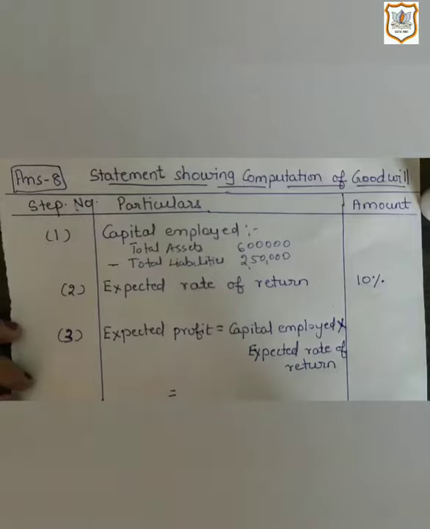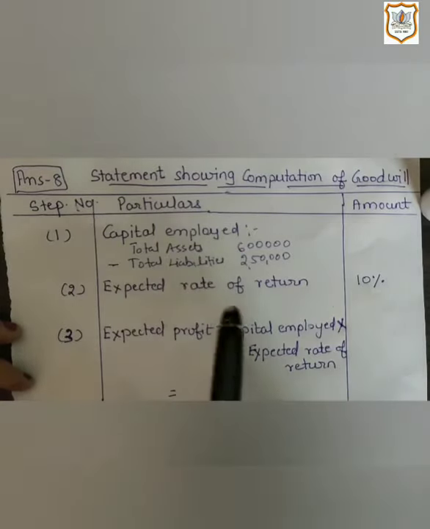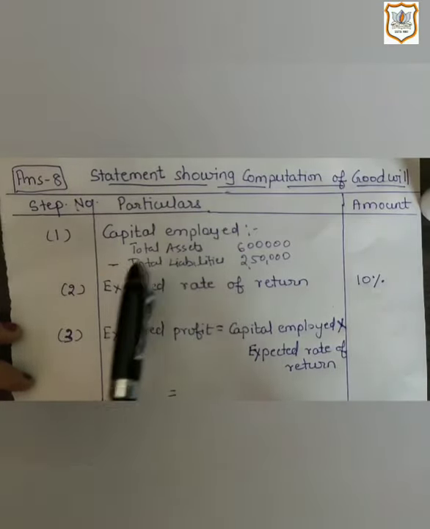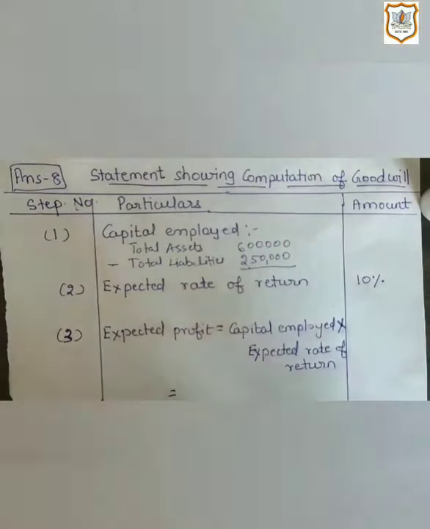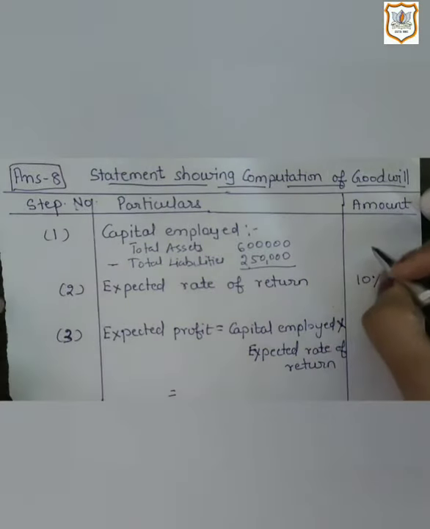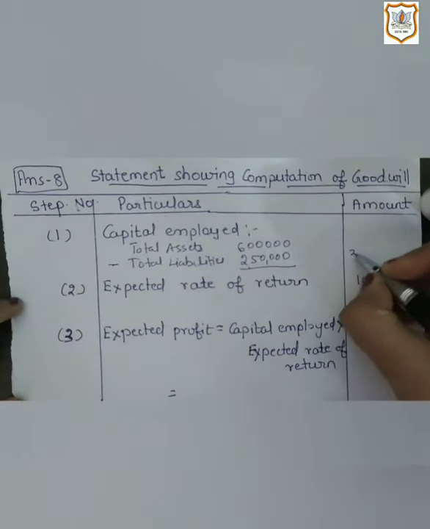As we have studied earlier, capital employed is equal to total assets minus total liabilities. Therefore, capital employed is 3,50,000.